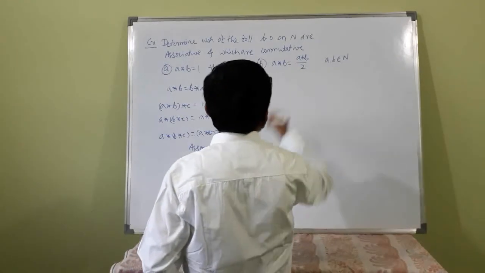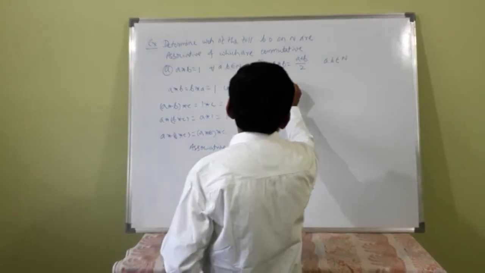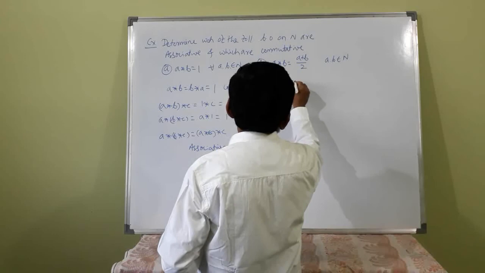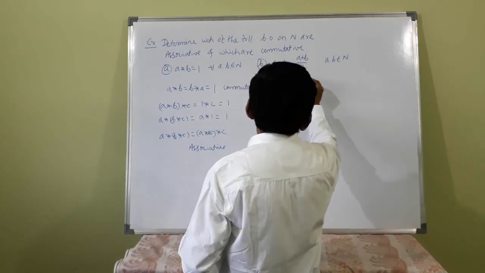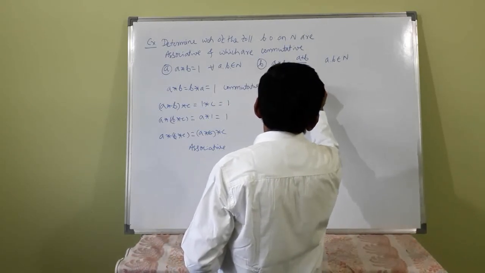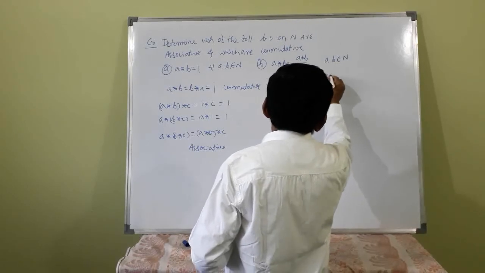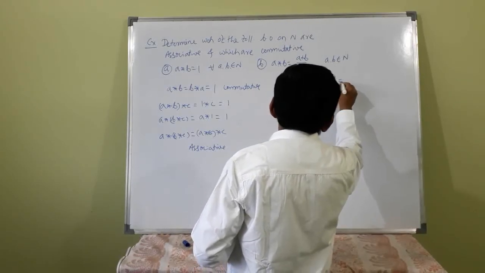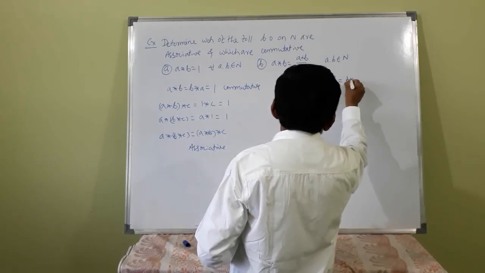a star b is equal to (a plus b) by 2, which is equal to (b plus a) by 2, which is equal to b star a.